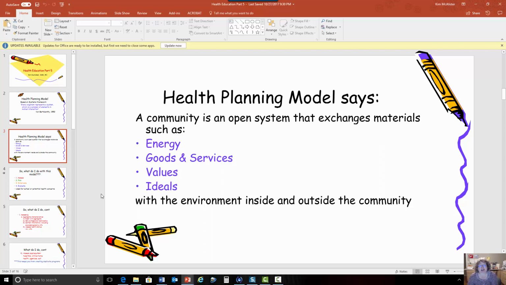According to the health planning model, the constructs of it are that a community is an open system that exchanges things like energy and goods and services, values and ideas. They exchange those within the environment of the community and also in interaction with other communities as they reach outside their community for other goods and resources and support and natural resources and other items.